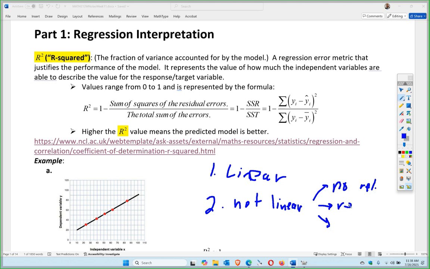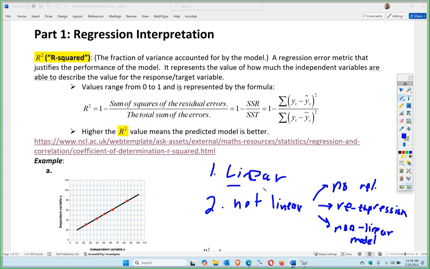You could do what's called a re-expression, which means you're going to manipulate the data to make it linear. But that's not always possible. Or you could use a non-linear model, which we don't do.